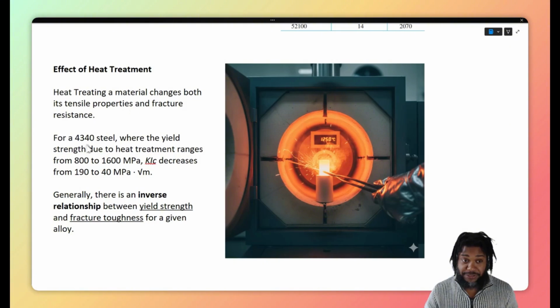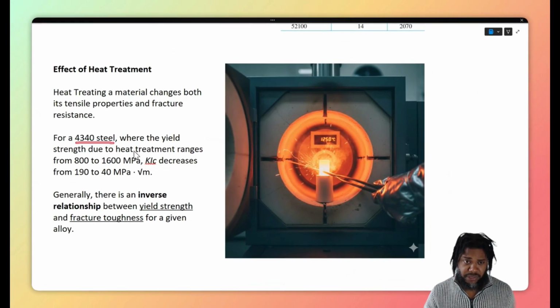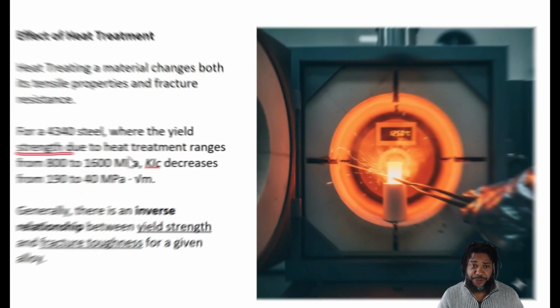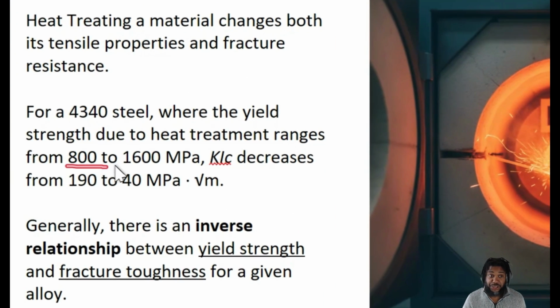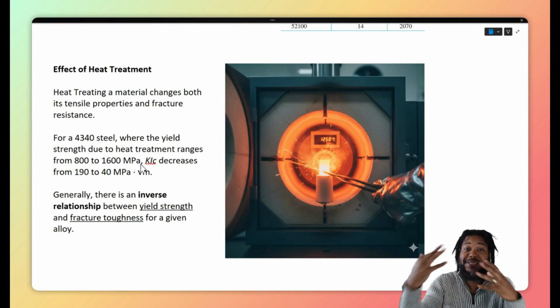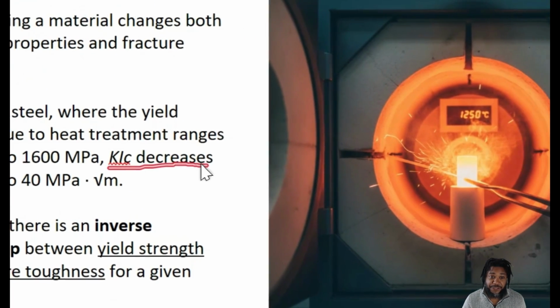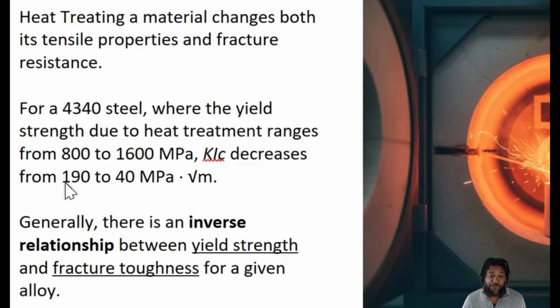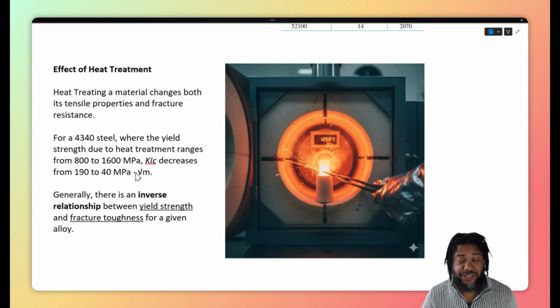So for example, say we have a 4340 steel and we do different types of heat treatments. Well, the yield strength, over a range of different heat treatments, can range from 800 to 1600 megapascal. So the yield strength can double, while at the same time, fracture toughness can decrease from 190 to 40 megapascal times square root of meters.